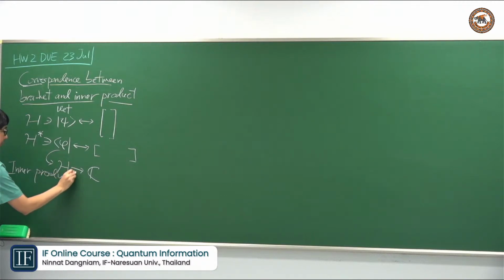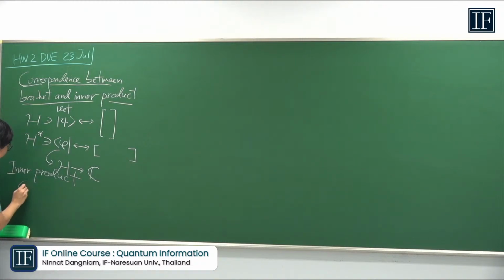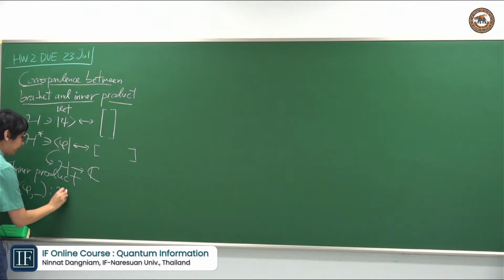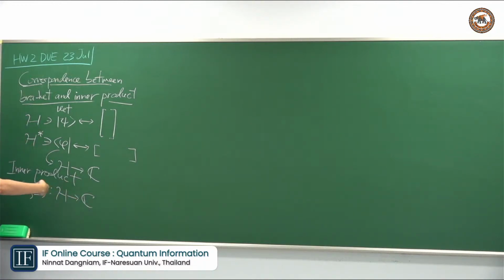Usually I put two vectors into the slots, but if I think of this as something that has already taken one vector as an argument and is ready to take another vector, then this is also a linear function, and it is linear precisely because this argument here is linear.